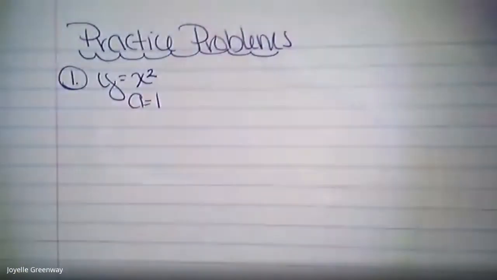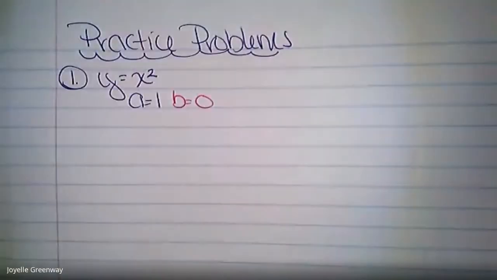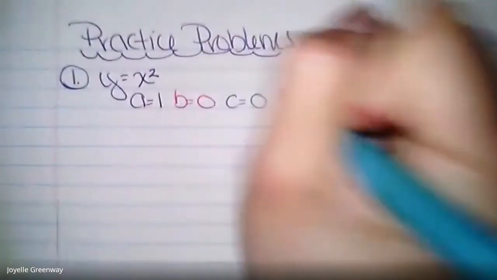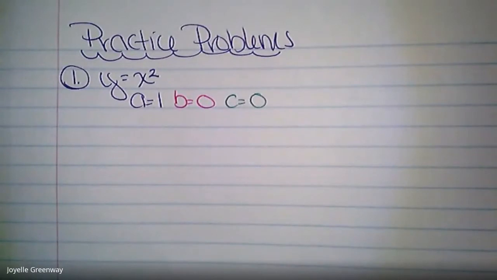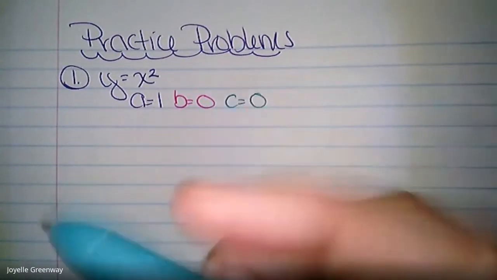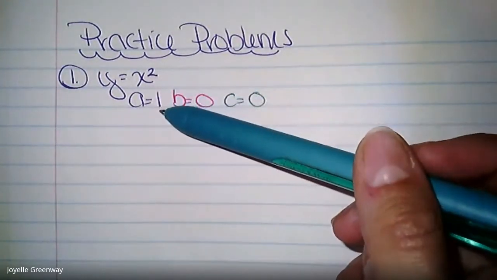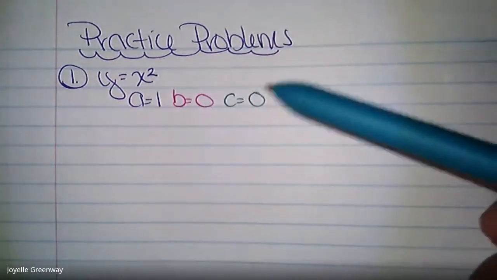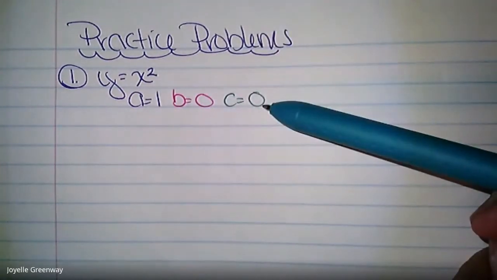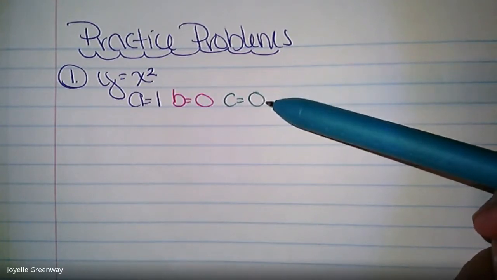So a is 1, b is 0, and c is 0. That's pretty easy. This value tells me that my graph is going to open up. If c is 0, that means it's going to go through the origin because that's my y-intercept.